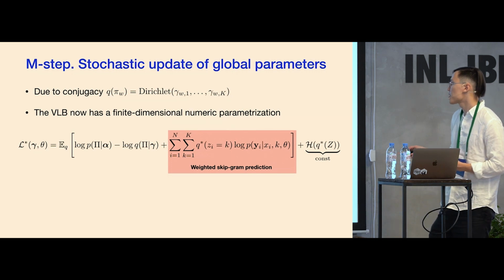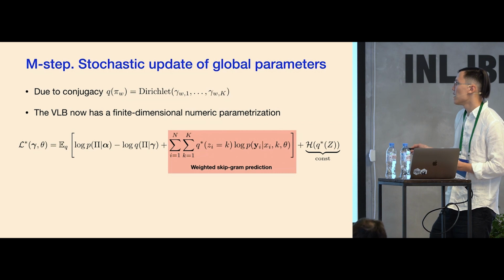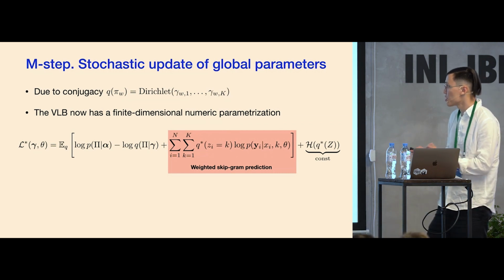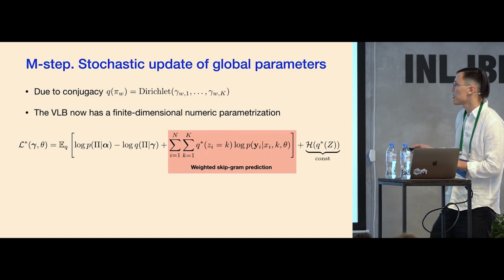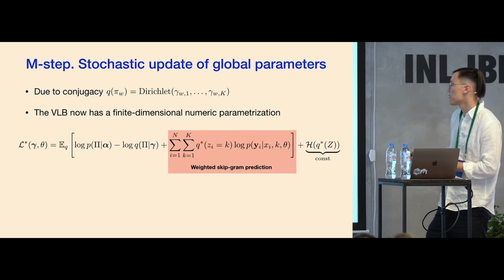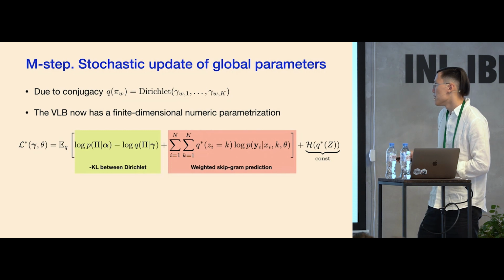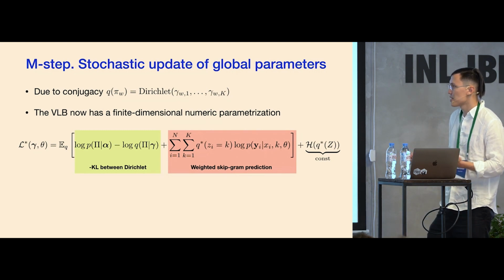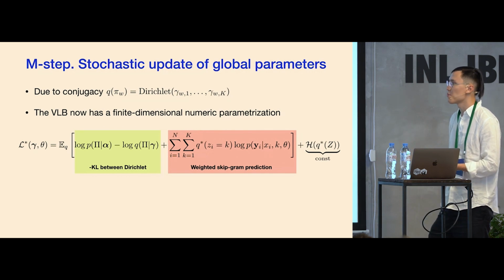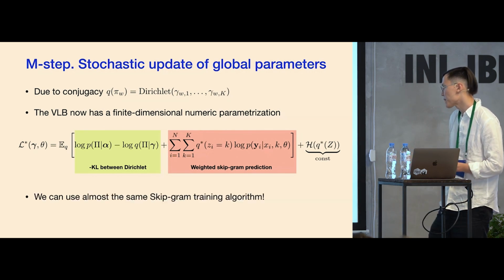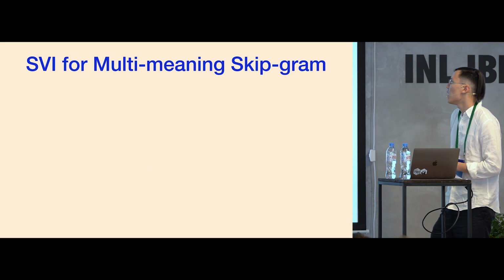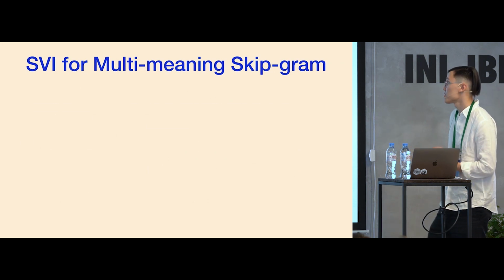So we will have to compute this weighted skip-gram prediction, where the weight for using each meaning is defined by this optimal distribution Q star, Q of z. And the other term is the standard KL divergence between two Dirichlet distributions, which we also know how to compute in closed form. Let's see how the training algorithm changes.